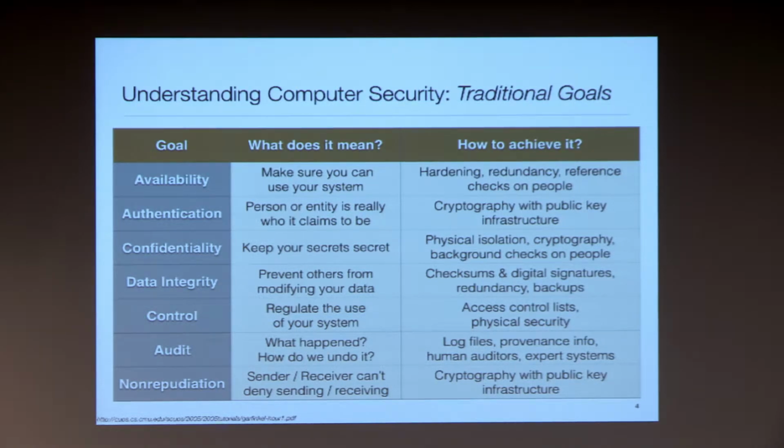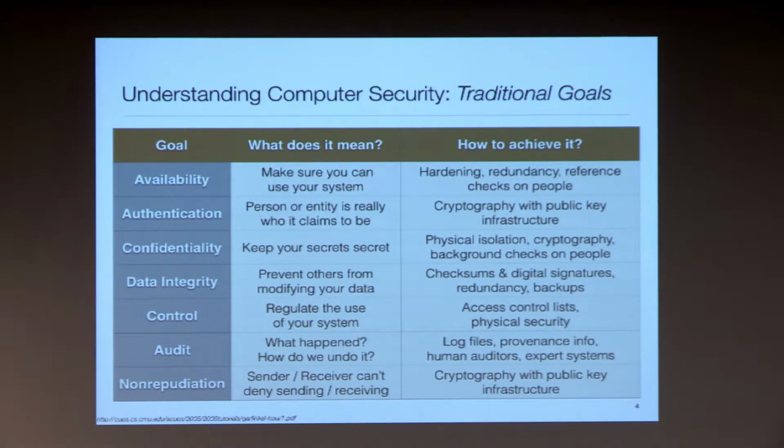Integrity of the data. Regulating the use of your system and being able to audit. This is something Ida touched upon, this notion of provenance: when things go wrong, being able to diagnose, the forensic part of it.